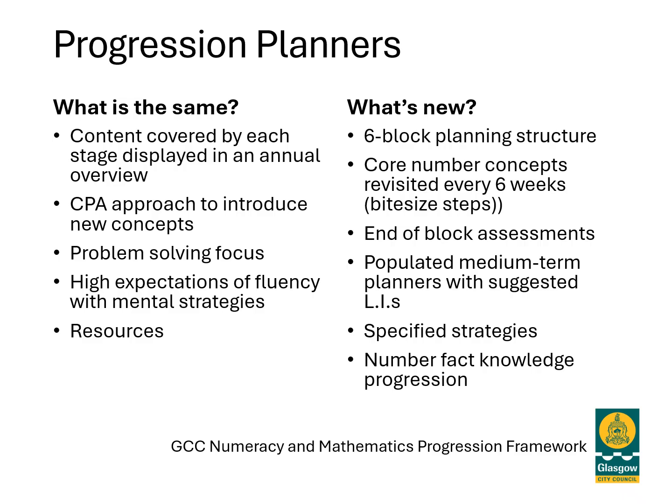That's in terms of things like when to introduce column addition and subtraction, when to start moving away from methods that have multiple steps like grid method, because ultimately we want our pupils to move on to the most efficient methods so that as they move into secondary, we're freeing up that working memory and making sure that they are increasing their speed in terms of calculation so that as they get to timed SQA examinations, they have the best possible chance of success.